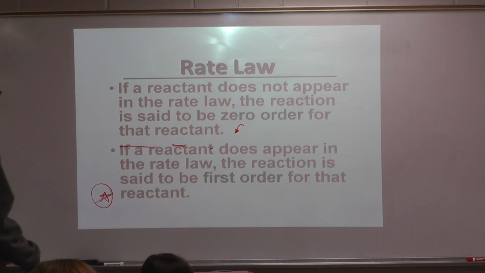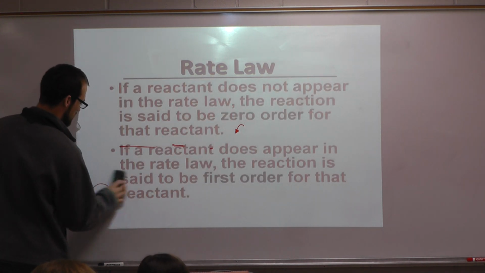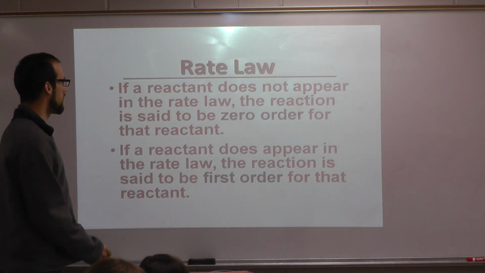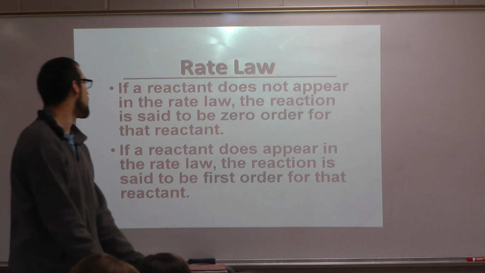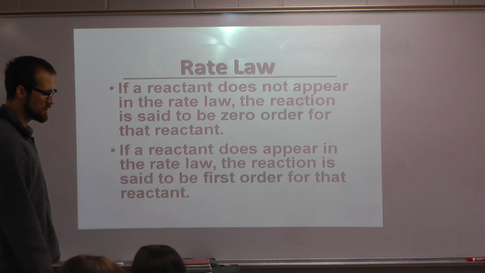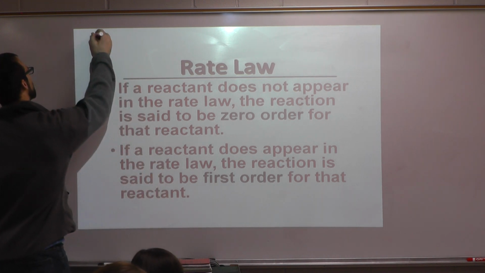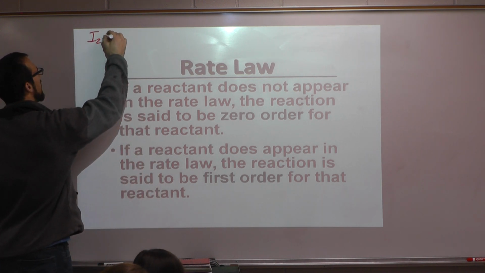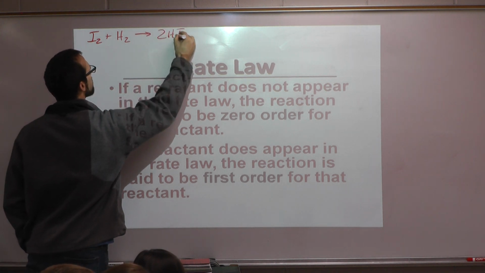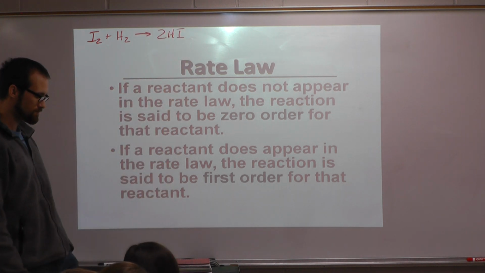I'm going to show you this relatively quickly. It'll make more sense when we apply it and use it. It says if a reactant does not appear in the rate law, it's said to have 0 order. So I'm going to use this as my template example here: I2 plus H2 goes to produce 2 HI.